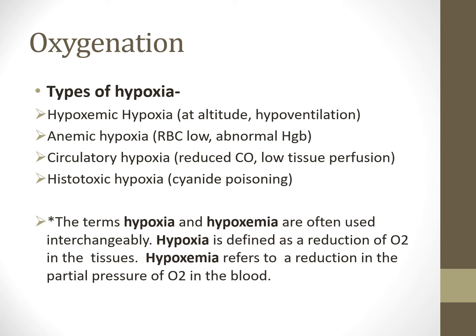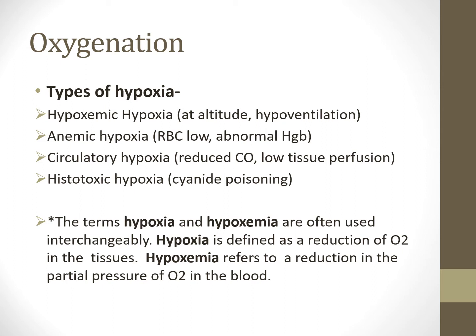Then, the different types of hypoxia. Hypoxemic hypoxia combines the two. We find that at elevation, where the partial pressure of oxygen is less because the barometric pressure is lower, and hypoventilation can also lead to hypoxemic hypoxia.